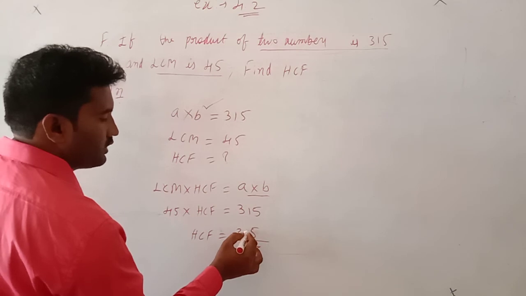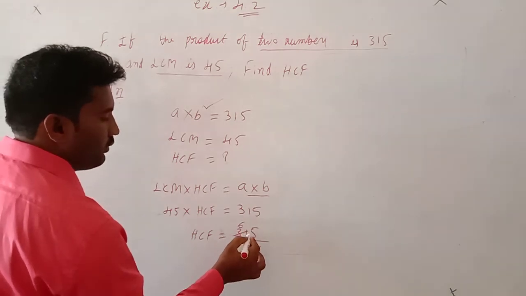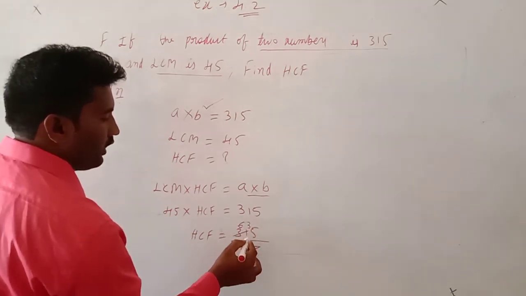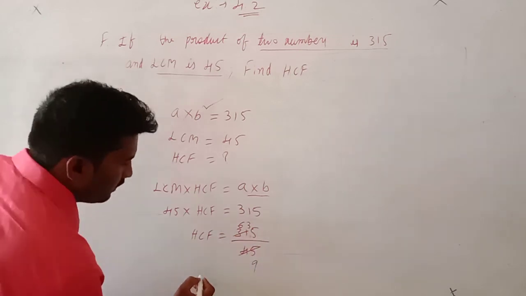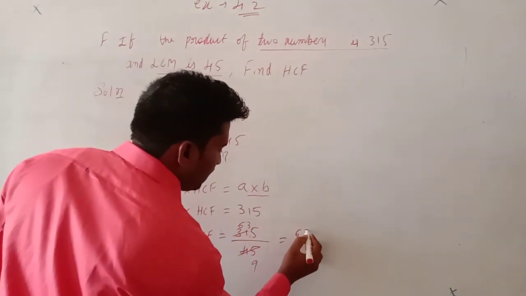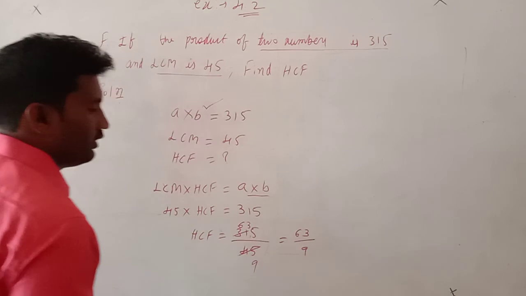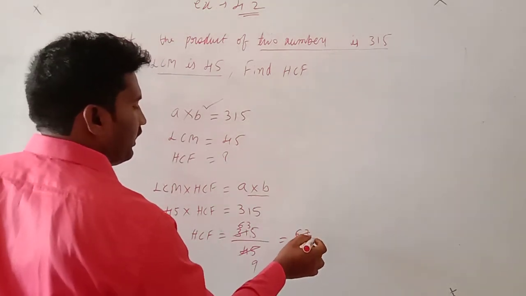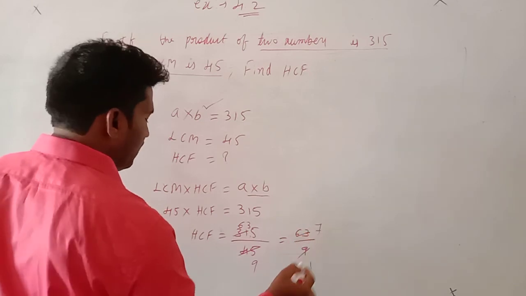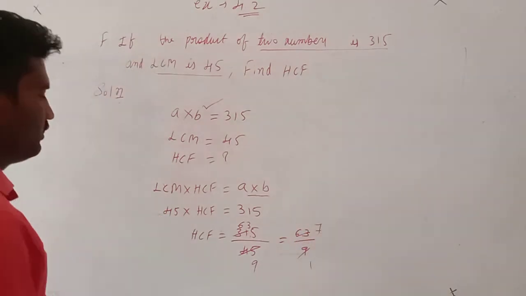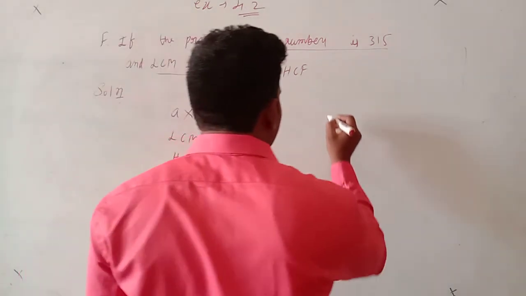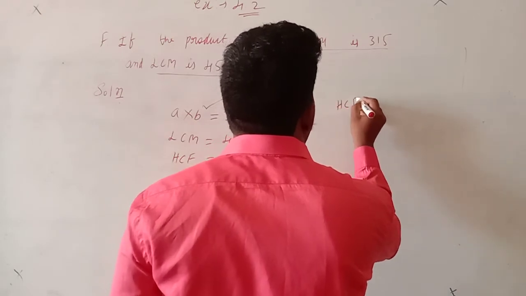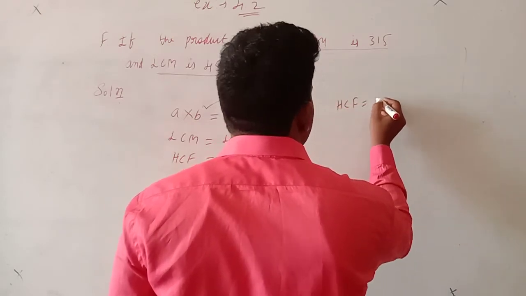Taking two digits, 5 sixes are 30, and 1 minus 5 threes gives 15, so it becomes 63 by 9. This can also be divided by 9: 9 ones are 9, 9 sevens are 63. Therefore, HCF equals 7.